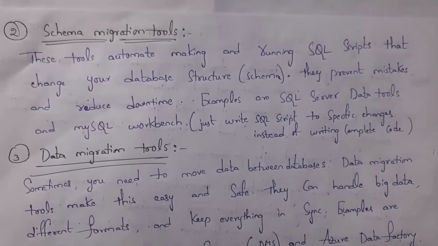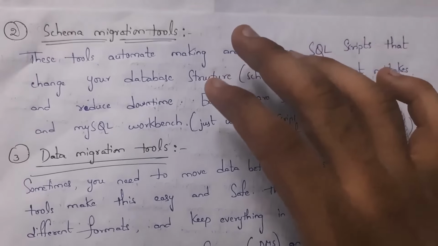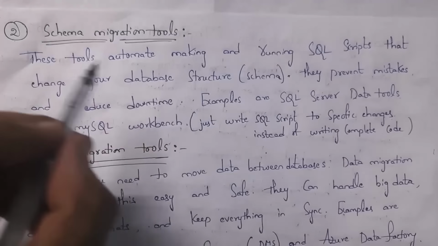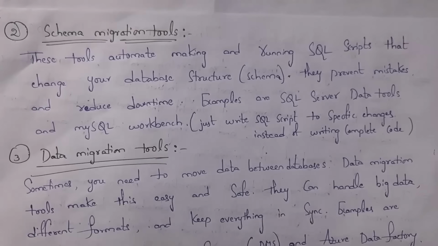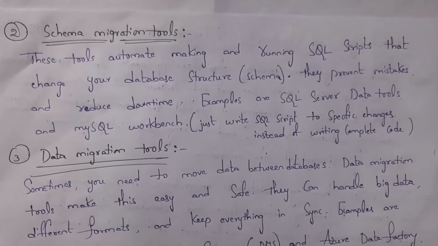Whenever you want to update the database schema, that is, the database structure, instead of modifying the complete SQL code, you can modify only specific changes, and the rest of the code is automatically updated by using schema migration tools. So schema migration tools are used to automate making and running SQL scripts. Instead of modifying the complete code manually, you can modify only a specific part of the code. Everything else is automatically modified by the schema migration tools.